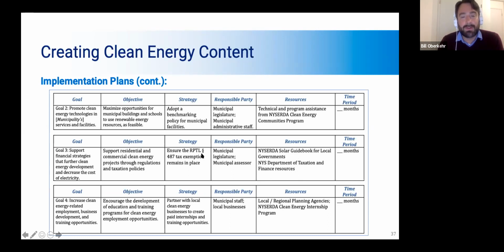If we're going to ensure the RPTL 487 tax exemption remains in place, if we're going to ensure that the current state continues to be the state, we don't necessarily need a time period for that. That's not time limited. Our goal is to just preserve this policy.